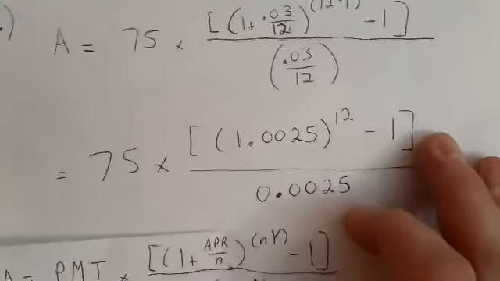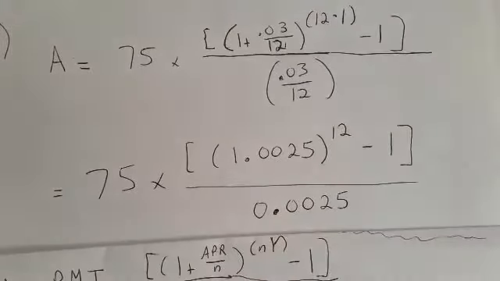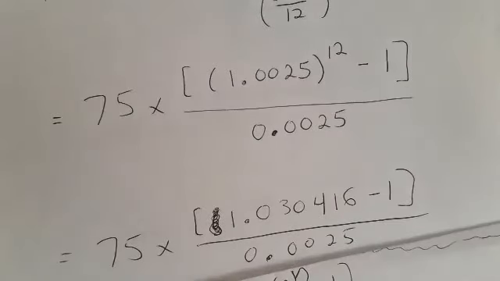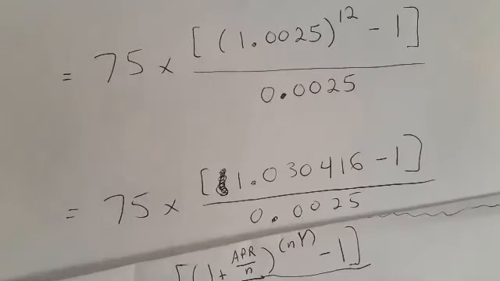Right. So it will be 1.03, and yeah, I rounded it a little further. 1.030416. Yep, that's what I got. Is it better to go 6 places out?